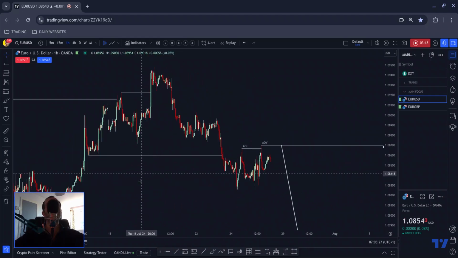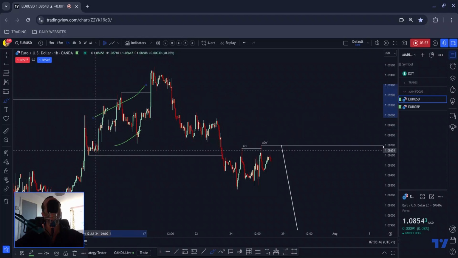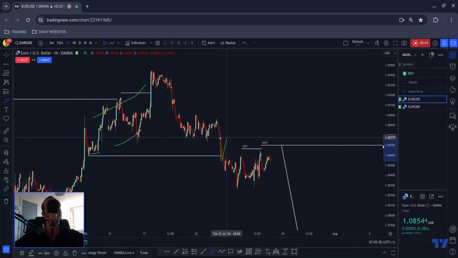Now, the base of the structure, as I said yesterday, is often where we either form deeper pullbacks or if we're going to move in one direction or the other, the top or the base of a structure is typically where we would do it. Okay, so the base of this structure is here. Okay, now we didn't tap below and move to the upside, which can happen at the base of a structure.